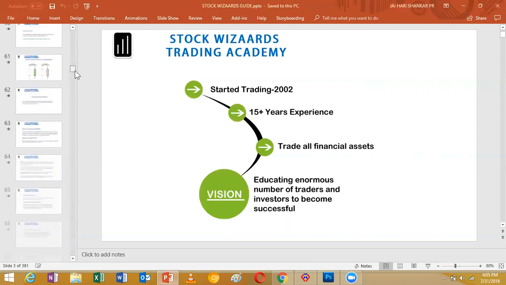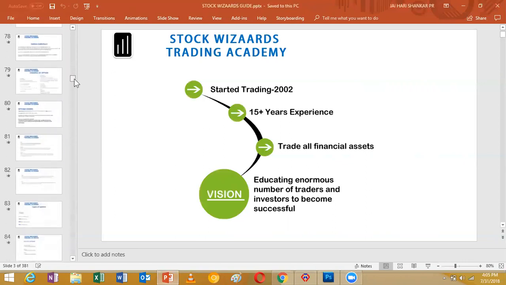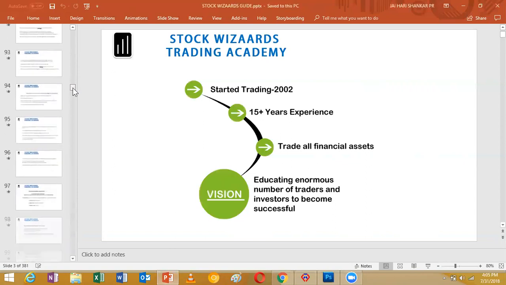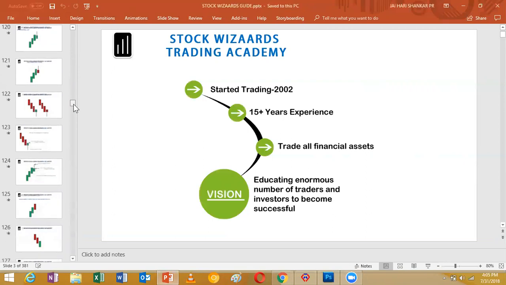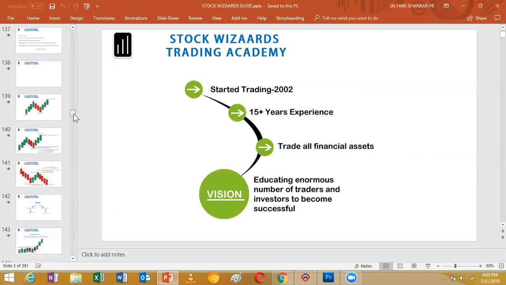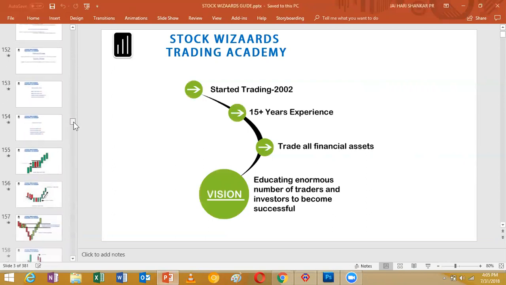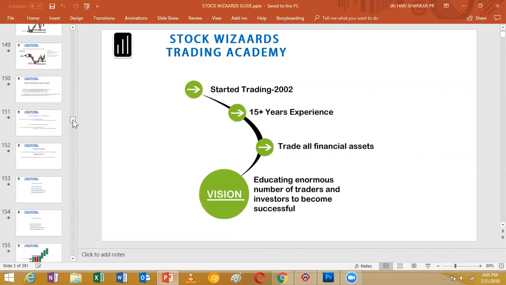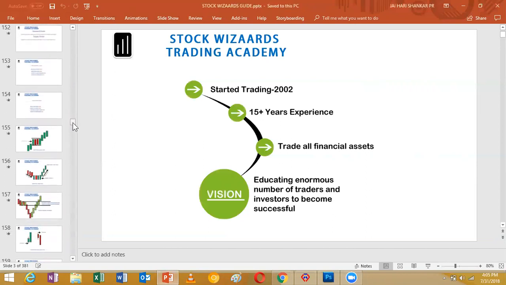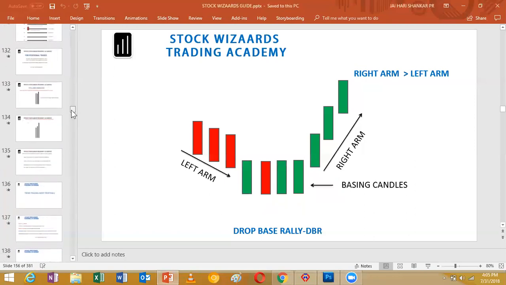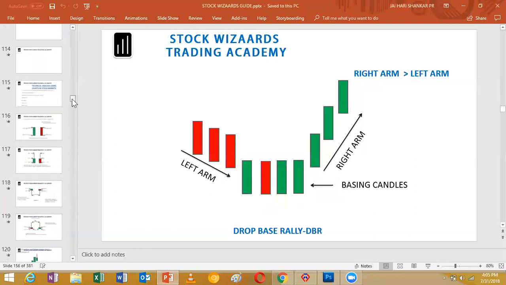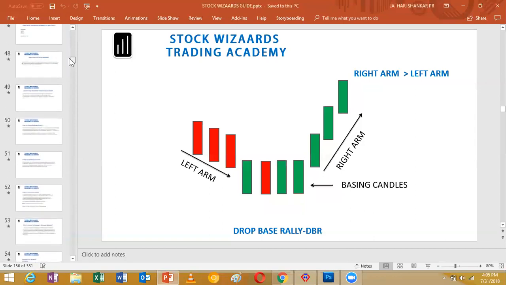So there are also some advanced concepts which we call supply and demand, that is also necessary for you. But the main importance of this course is that we do not use indicators at all. This is a drop-based rally, and these are demand zones for you. So there are plenty of things that you can learn from this course.